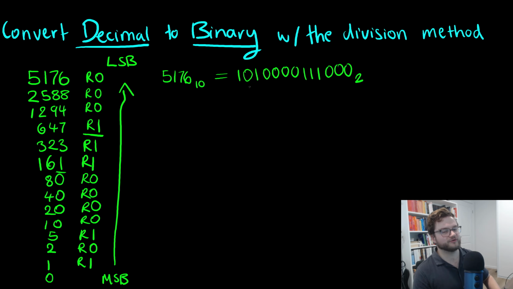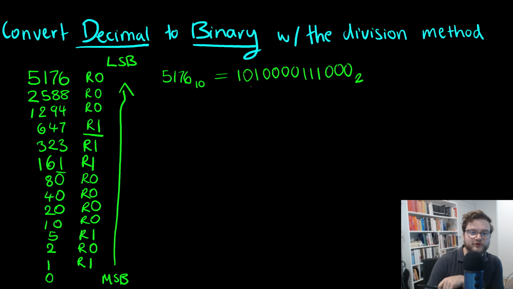So this is equivalent to this, but I don't want you, when doing this at home yourself, to say, okay, that's great, that's it. I want you to check it using a converter online, and I'll leave one in the description, and I'm going to do it right now to check myself to see if I did it correctly. So 5,176, convert. There are many websites that will convert it for you.